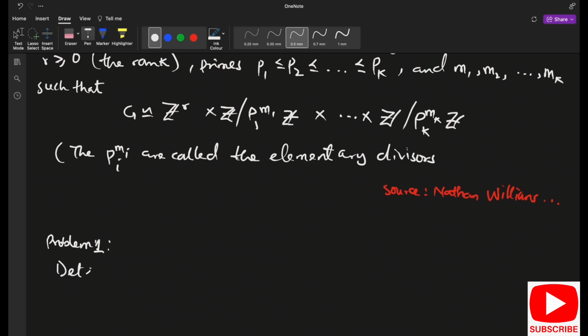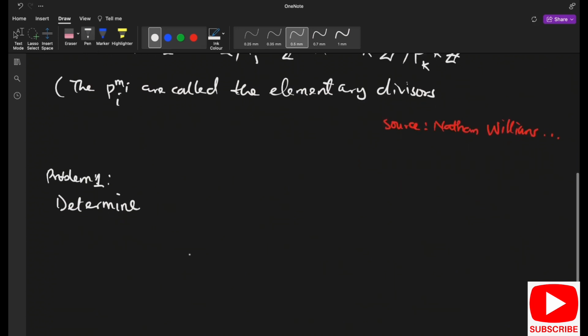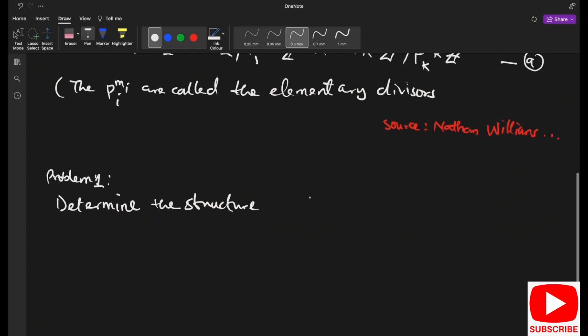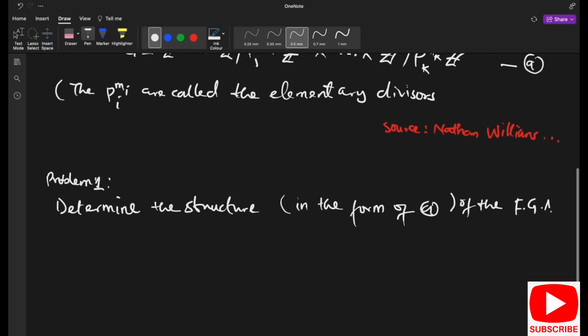You are asked to determine the structure, in the form of A, or in the form of a statement, of the finitely generated abelian group.